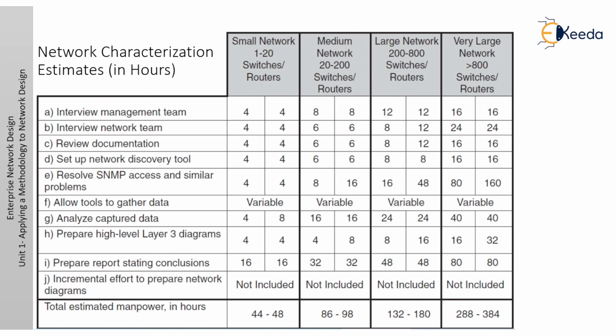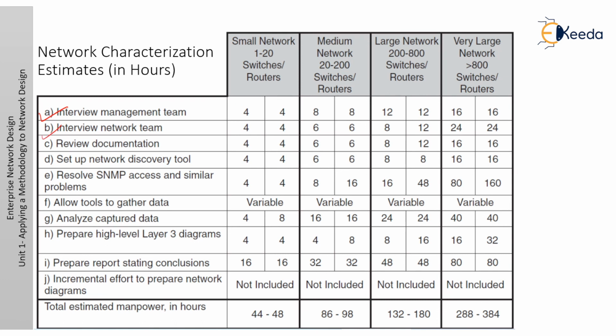So here you can see the first thing is interviewing the management team to gather goals and constraints, then interviewing the network team, gathering goals, constraints, documentation and diagrams already discussed.